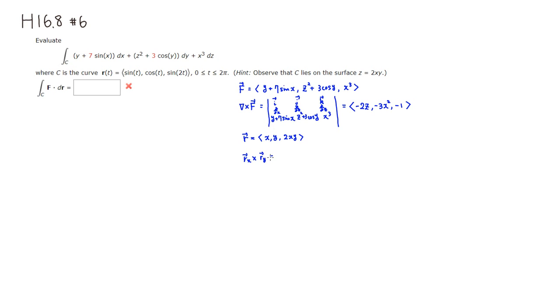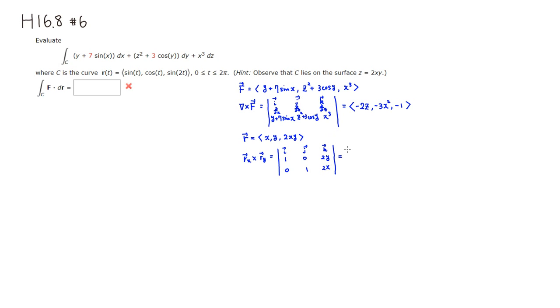Again, the vector i, vector j, vector k. The partial of this with respect to x is 1, 0, and 2y. Partial of this with respect to y would be 0, 1, 2x.